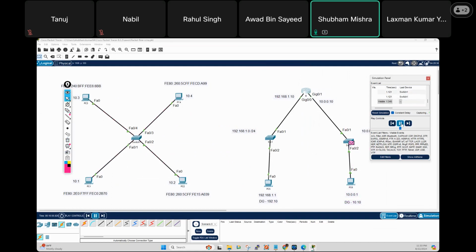Arey yaar, what is happening here? This is a bug in Packet Tracer.